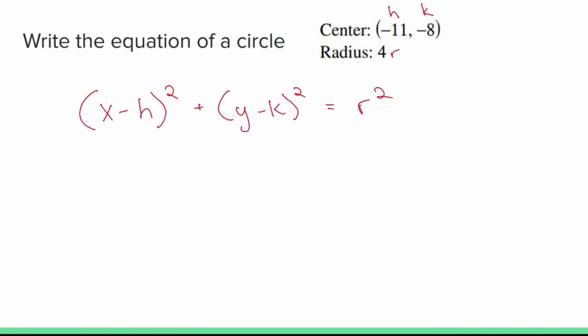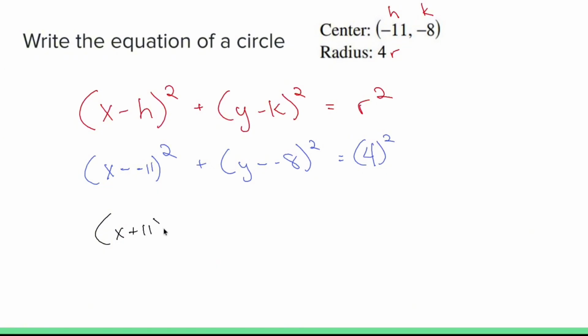So what I'm going to do is just substitute things in, clean it up, and be done. (x - (-11))² + (y - (-8))² = 4². So the double negative becomes positive, so (x + 11)² + (y + 8)² = 16.